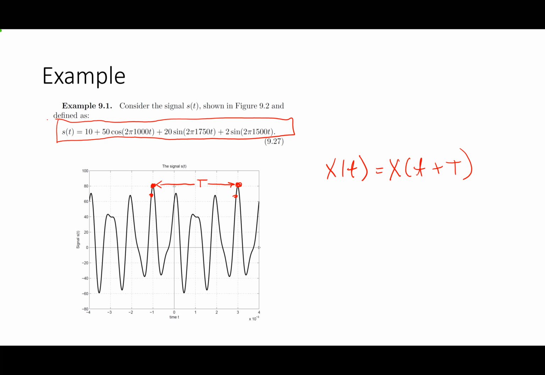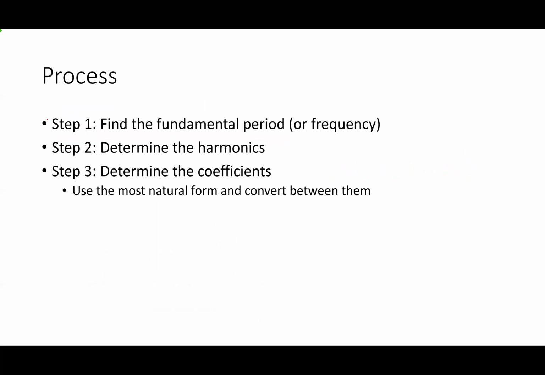What I talked about last time, I'm going to write it out a little bit more explicitly: for all those problems, you've got a pretty explicit process to follow. The first part is you want to find the fundamental period or the fundamental frequency. Find either one, and if you find one, you know the other.